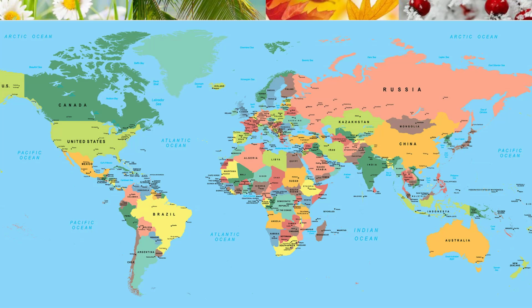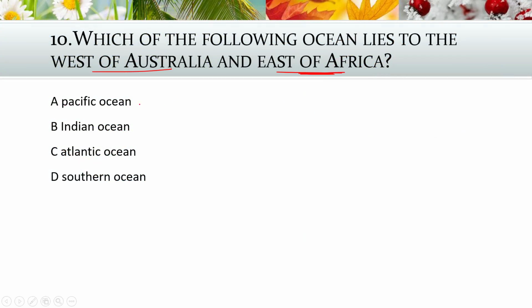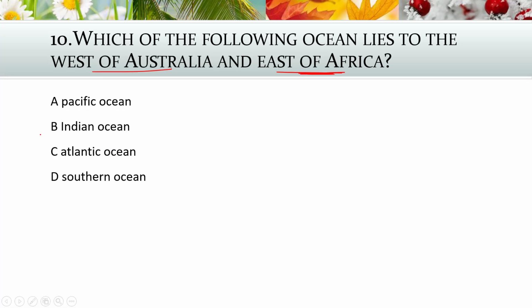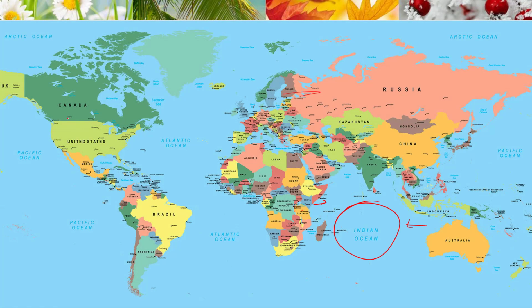So where is Africa? This is Africa, right? To the east of Africa and to the west of Australia, it is the Indian Ocean. So option B would become the correct answer for this.